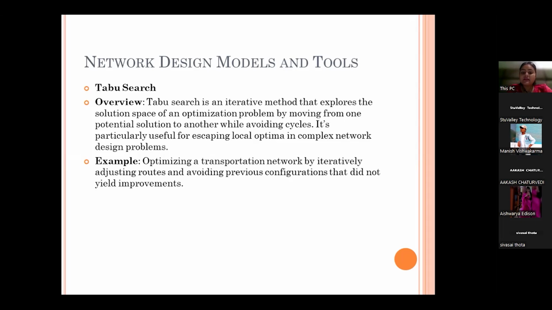This is also a very new technique, but we are using it. Example: optimizing the transportation network by iteratively adjusting routes and avoiding previous configurations that did not yield improvements. There is a very important example where a marketing person needs to advertise some product. In a day they have to cover 100 customers to market their product.